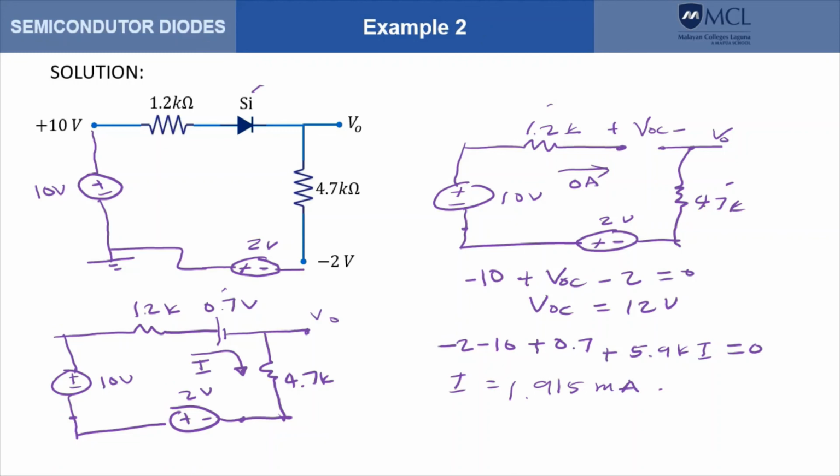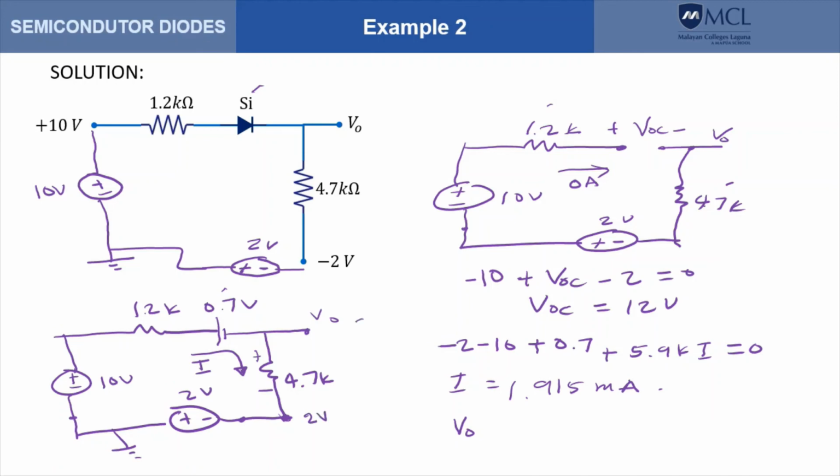Now to get V naught, the voltage drop across the 4.7 would be plus here and minus here. We can get V naught equal to this potential here, which is minus 2. Remember, this is our ground there.